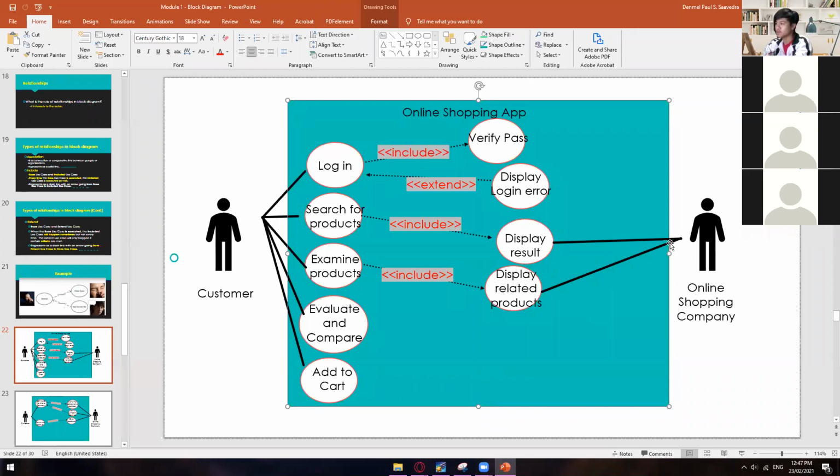So it is also being controlled by the online shopping company. So these are the things it can also do when it comes to the reactionary actor.